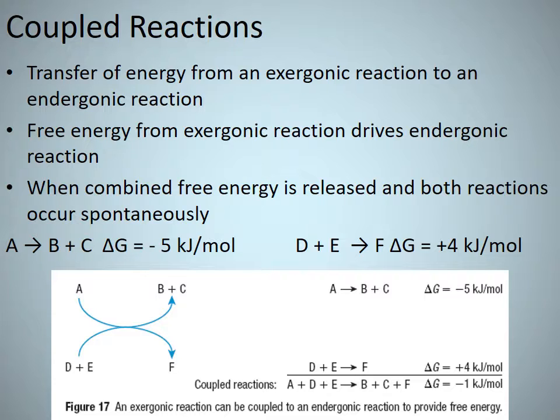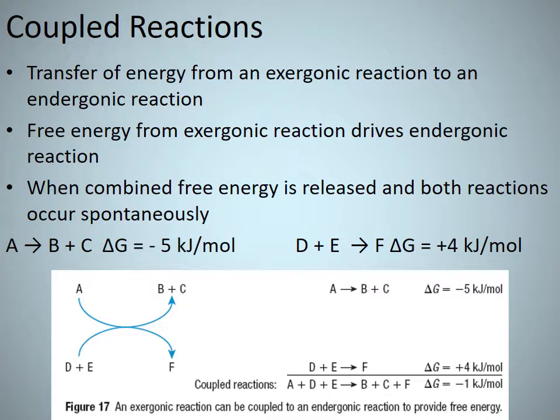When our cells need energy, it's going to use ATP. Keep that in mind as we try to describe how our cells can drive endergonic reactions. Again, endergonic reactions require a continuous supply of energy, and this energy will come from ATP, or the hydrolysis of ATP.